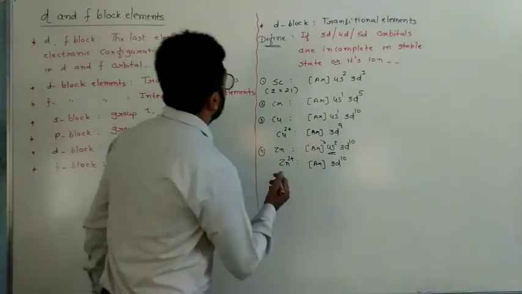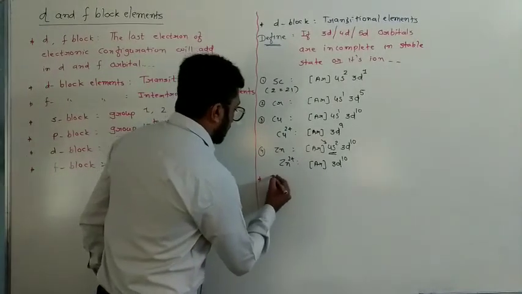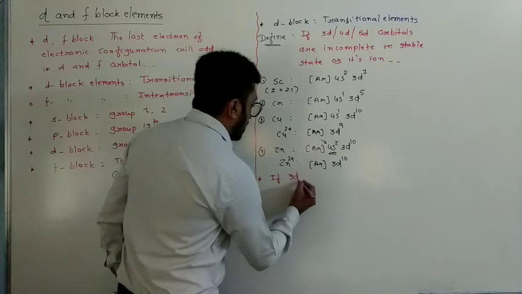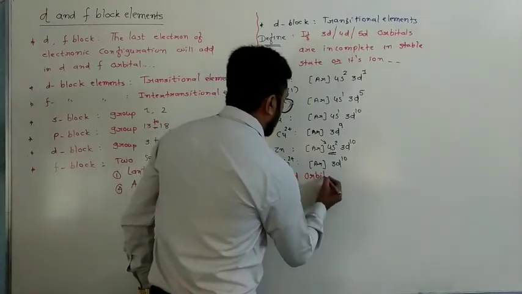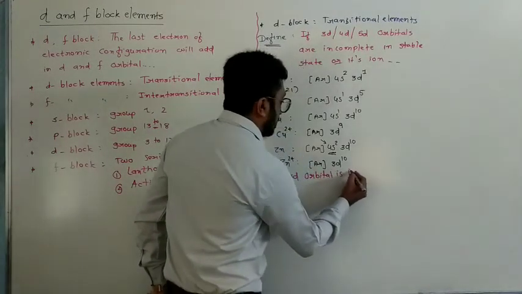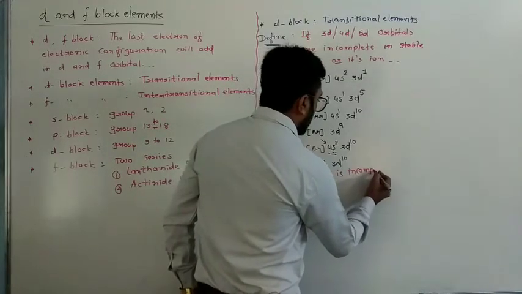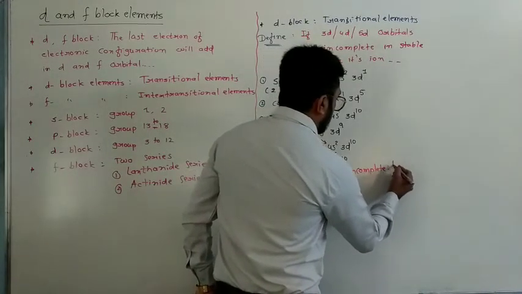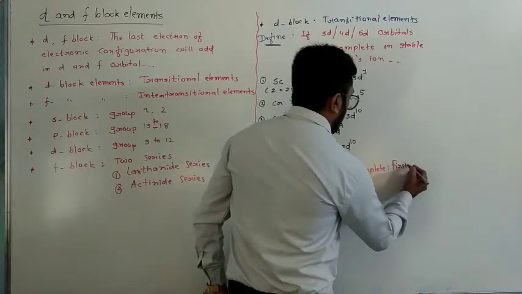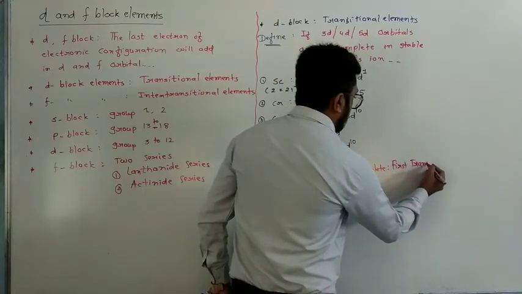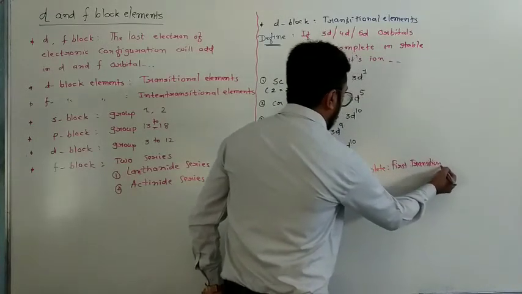I can easily explain one important point. If the 3d orbital is incomplete, then it is the first transition series.